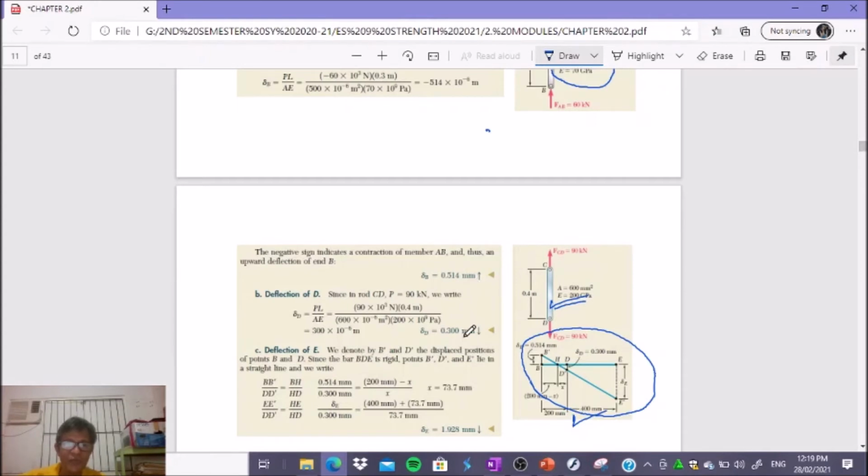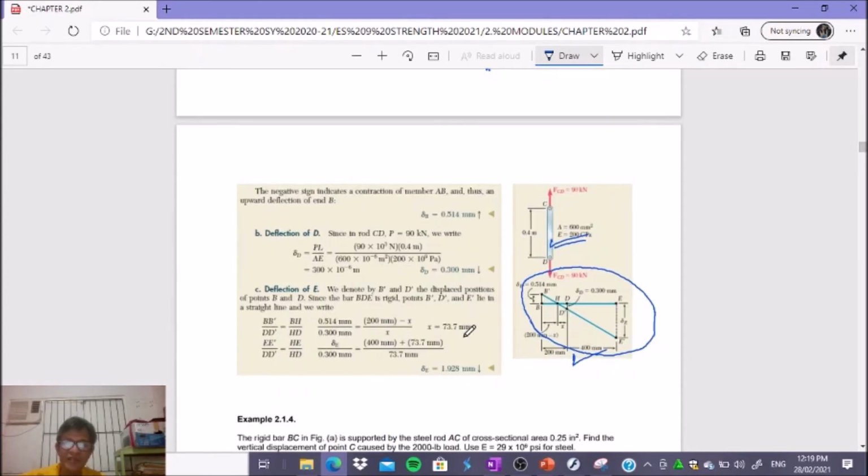And for D is 0.3. Then gagamitin mo na yung ratio and proportion.